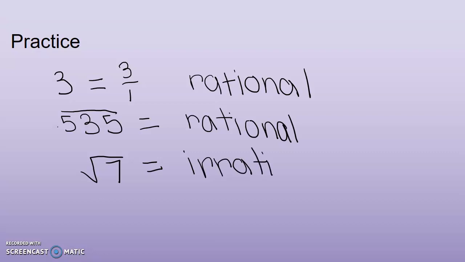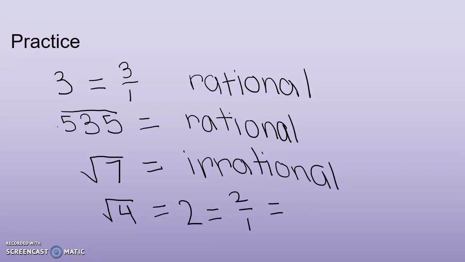Because if you write it as a decimal, then it'll just be in a random order, all the digits, so it's non-repeating. And then suppose we have the square root of 4. Now you may be thinking that the square root of 4 is irrational because it's a square root, but it's actually rational because you can simplify that to 2, and you can write 2 as 2 over 1.